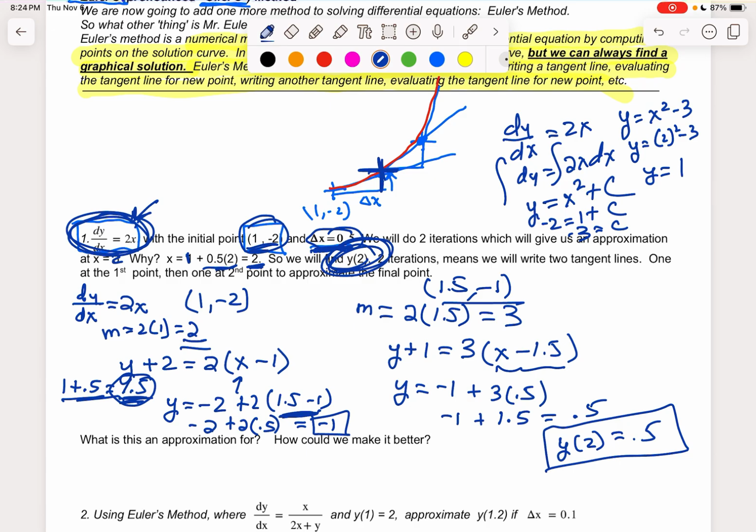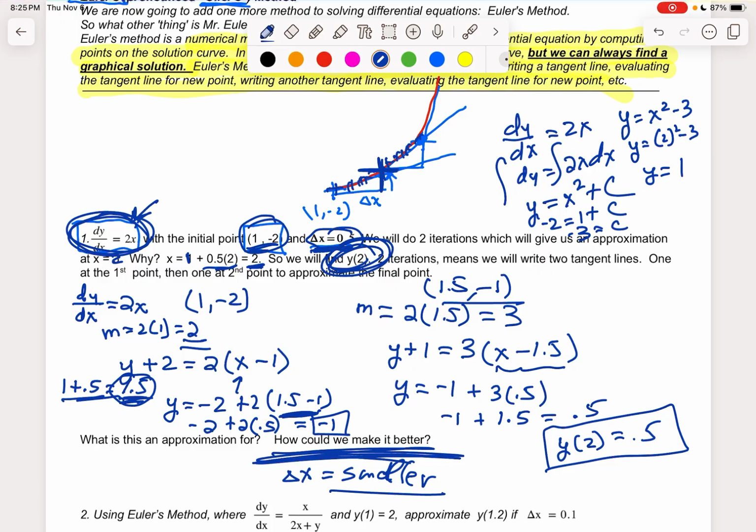So it begs the question, how can we make it better? We need our delta x to be smaller, because the closer our points are, the more accurate it's going to be.